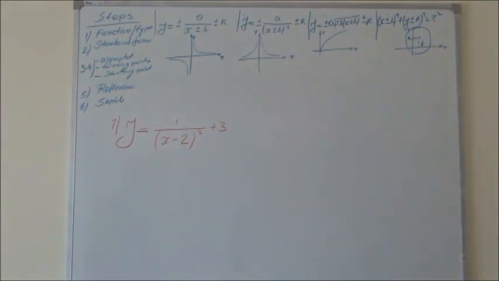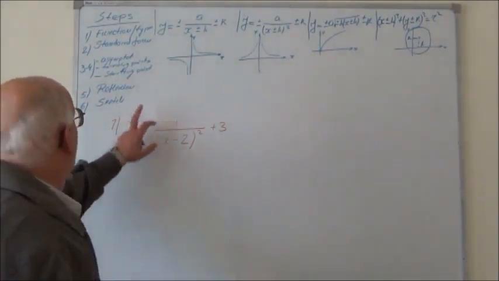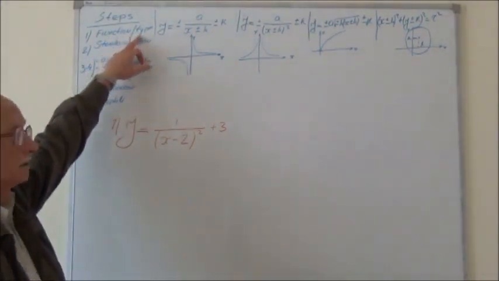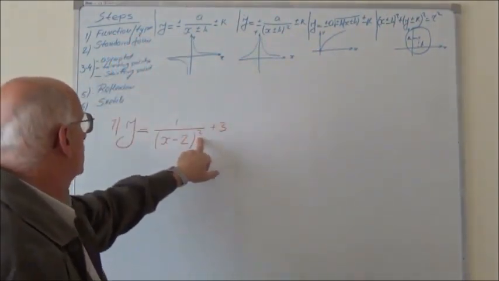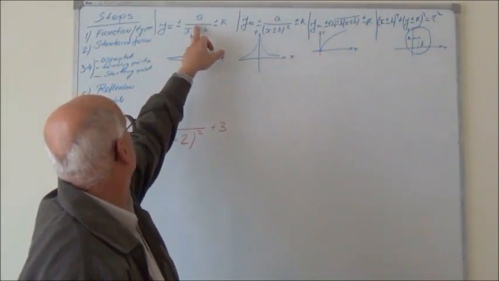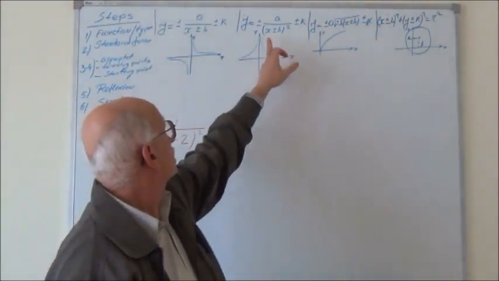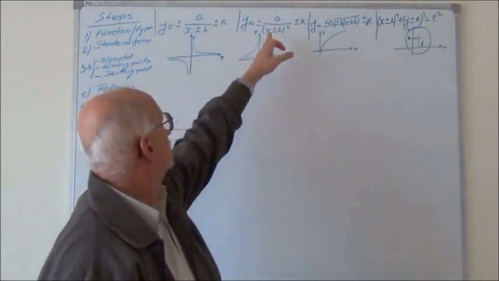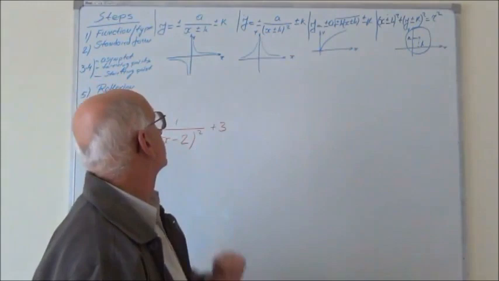So, what can we say here? Is it a hyperbola? No, of course not, because we have power 2. For a hyperbola, x is power 1, and it's really not hard to see that we have a truncus.